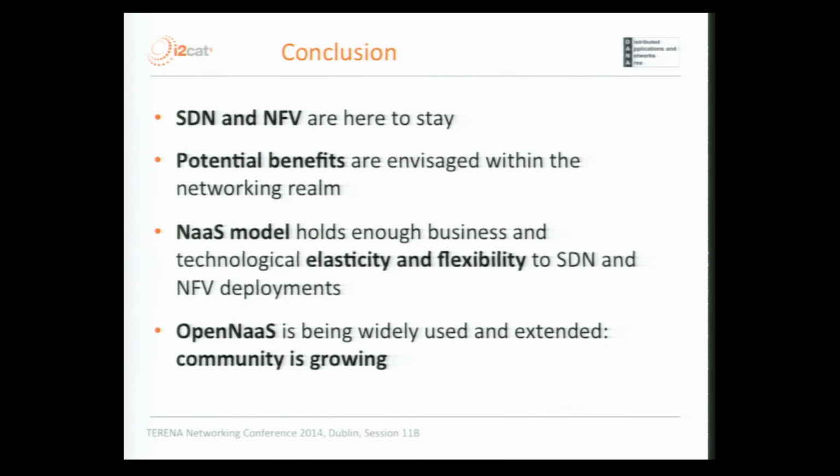And what we claim, and what we really believe, is that the network as a service model that has been widely presented and talked about at the Terena conferences this year and last year, and I would say even 2 years ago, holds enough elasticity and flexibility, both business and technological, to support these SDN and NFV new deployments.